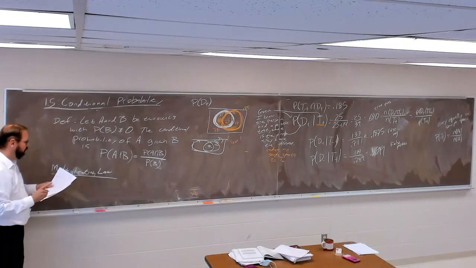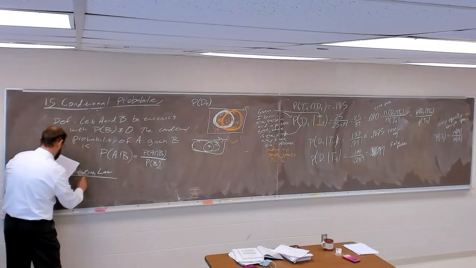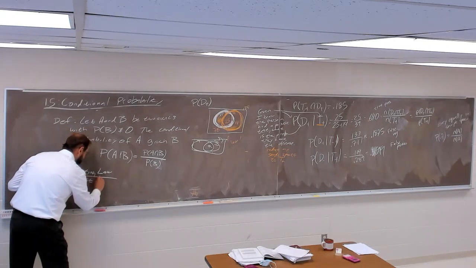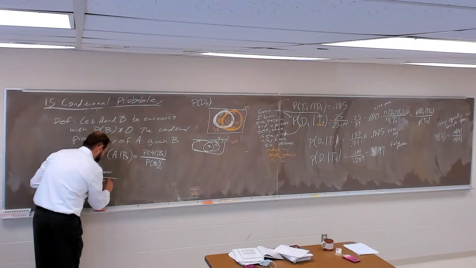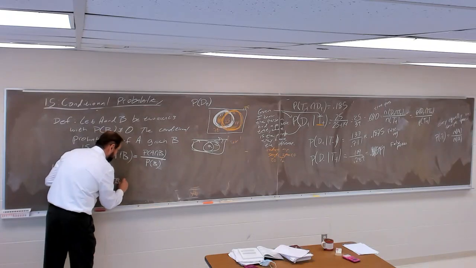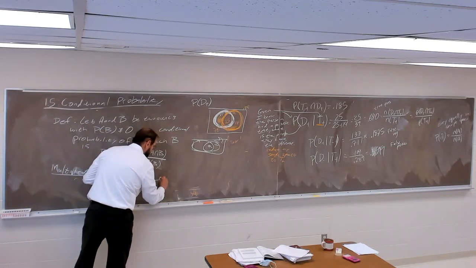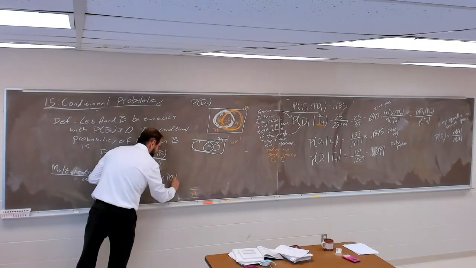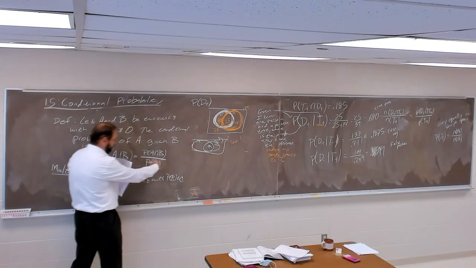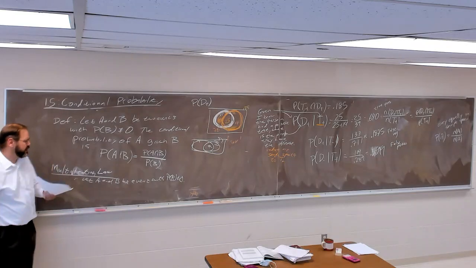Okay. Which says, start the same. Let A and B be events with the probability of B not equal to 0, right? Why? Well, we don't want to divide by 0, that's undefined.